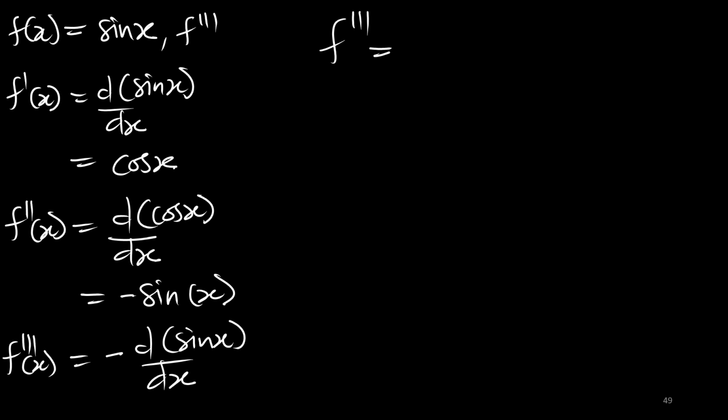Therefore, f triple prime is going to be negative cos x, and this will be the third derivative of this function. Are we okay? So it's quite simple. You have to understand the derivative rules.